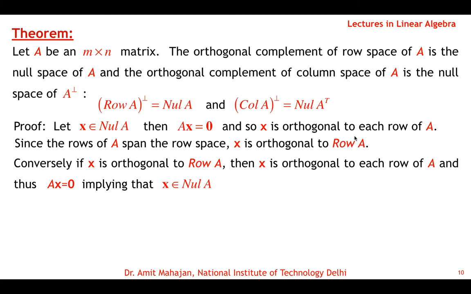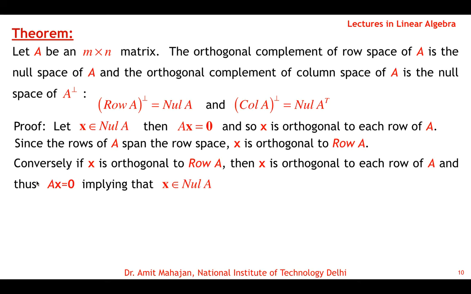Conversely, if X is orthogonal to row space A, that means X belongs to row space A perpendicular, then the dot product of any row of A with X is 0. That means X is orthogonal to each row of A, and that means A times X is 0, because this is how we write that each row of A times X is 0.